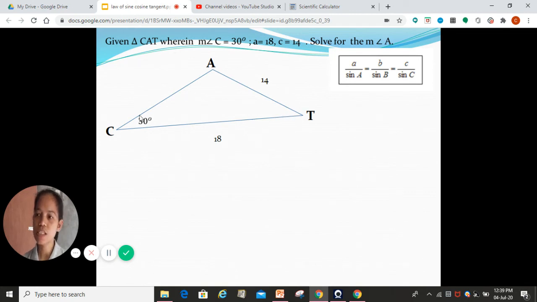But since it's here and it's not an angle formed by 14 and 18, based on the definition of an included angle, whereas an included angle should be made by two rays that meet on a certain point, and that point will make up an angle. So since it's a non-included angle, we can say that we are really using sine law.